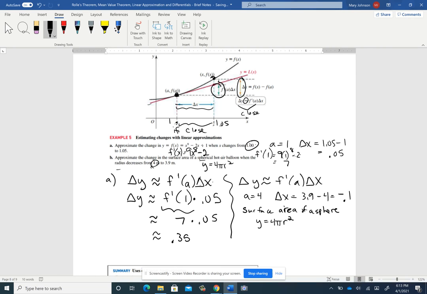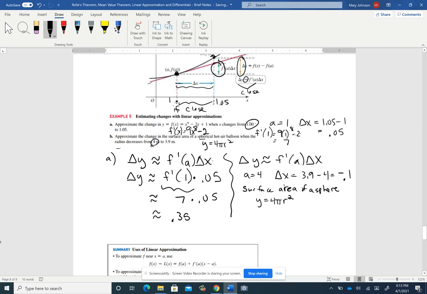All right, so for the formula I need to know f prime at a, so f prime at 4, and f prime means I have to take the derivative here. So wouldn't the derivative be 8 pi r? Remember, pi is not a variable. If I need the value of that at an a value of 4, I plug 4 in there, and that would equal 32 pi.